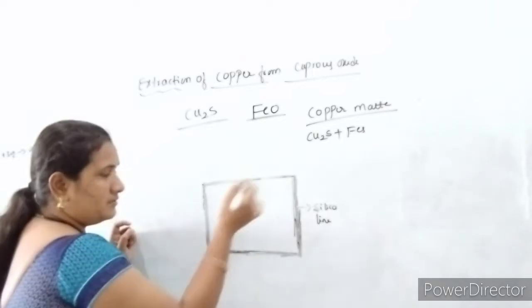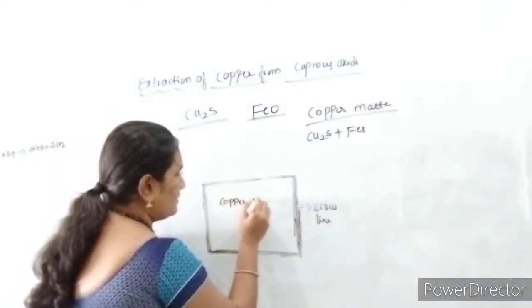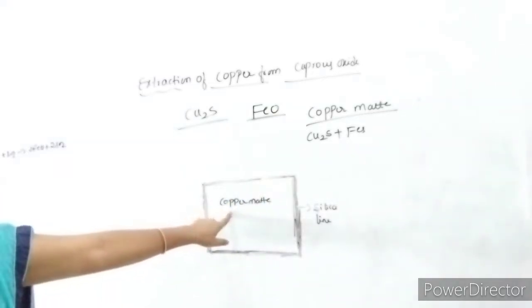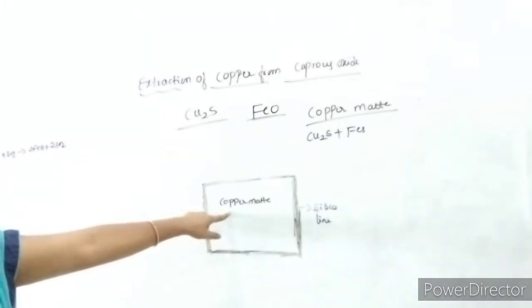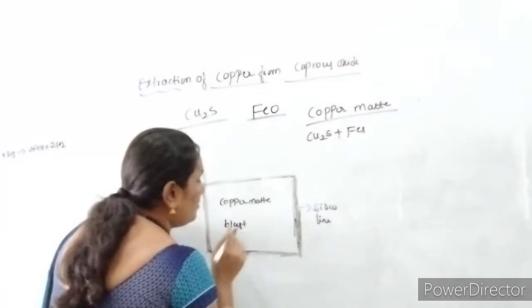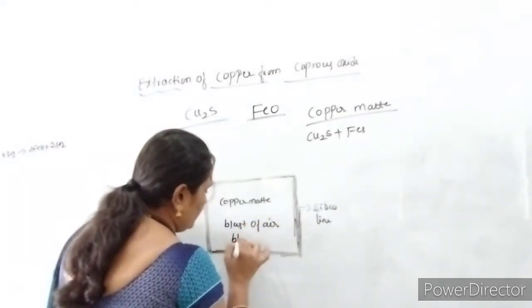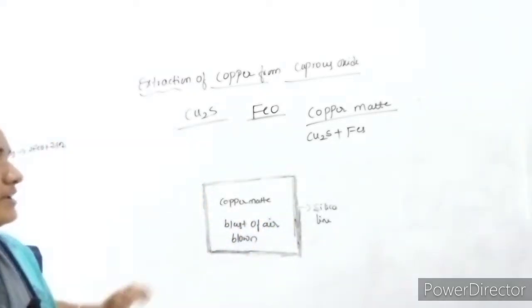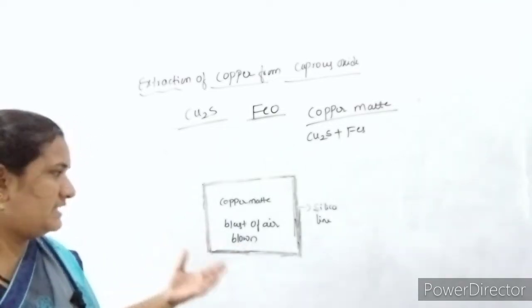In this converter we first add the copper matte, then a blast of air is blown into the converter.